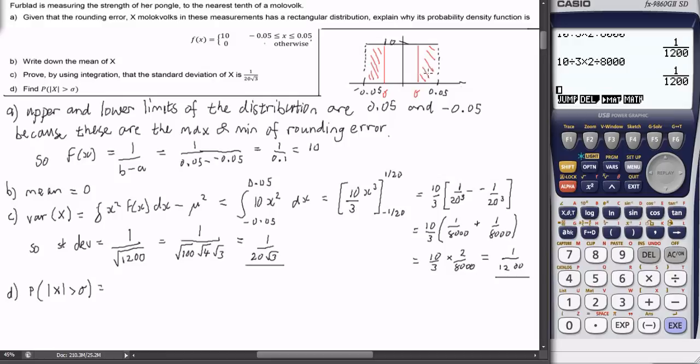So the area we want is 1 minus this region here. So if I work out this region and take it from that, so we get 1 minus, well, the distance from standard deviation to 0 is 1 over 20 root 3, so the distance from here to here is 2 lots of 1 over 20 root 3, and so the area of this rectangle is 10 times 2 lots of 1 over 20 root 3.